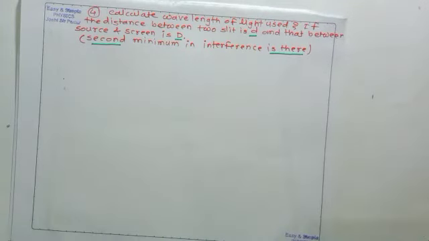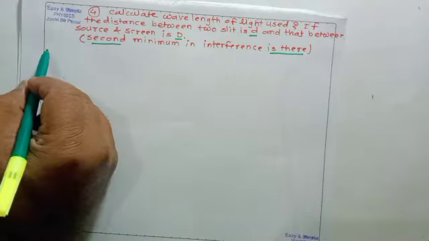So in such a case, when there is second minimum interference, it means exactly in front of one slit.